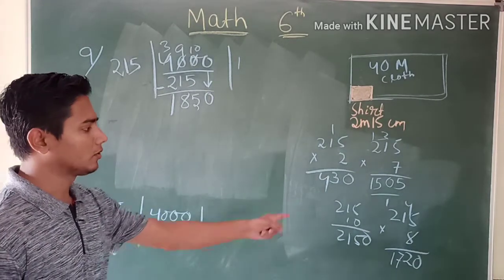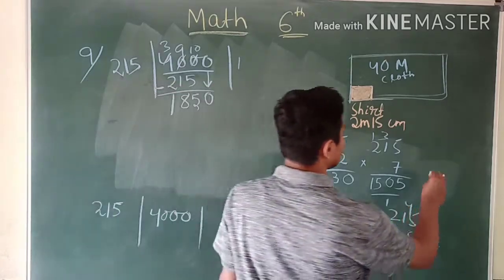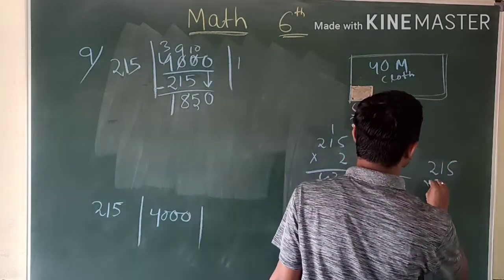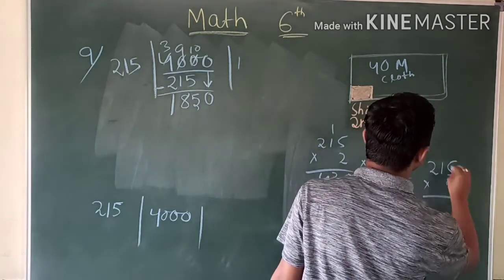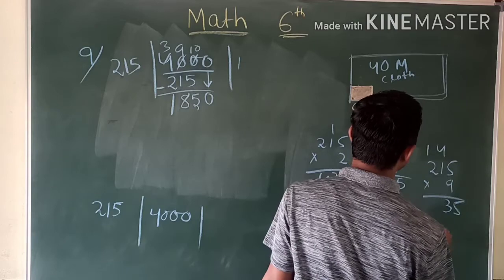If you think, I can also multiply 215 by 9. Yes, try this. 215 into 9. 9 5s are 45, carry 4. 9 1s are 9 plus 4 is 13, carry 1. 9 2s are 18 plus 1 is 19.